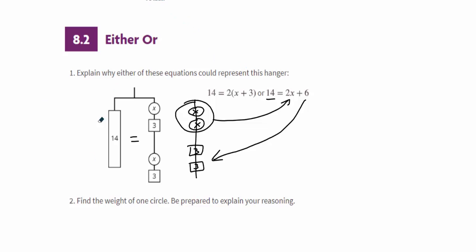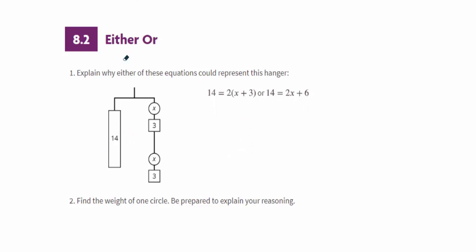Okay, part 2 says find the weight of one circle. So find the weight of an x. If I did the same strategy as I used last time, I would subtract the 3 and the other 3 together, right? Because that equals 6. I would take this 6 away from this side, but then I'd have to take the 6 away from this side too.